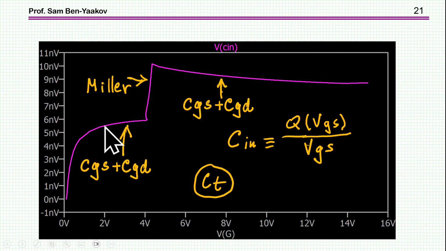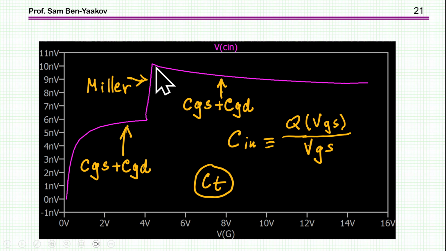At the beginning, until the threshold, we see these two capacitance by their value. And then comes the so-called Miller effect, in which we have to add charge, which looks as if the capacitance is large, because we have to add a lot of charge to this capacitor until the process ends, and then we are beyond the threshold.